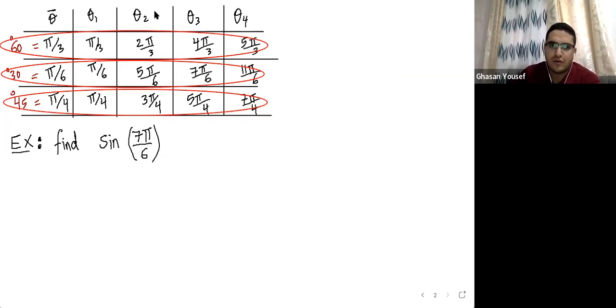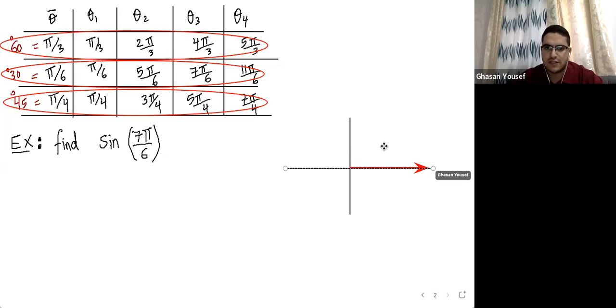So first of all, to solve something like this, you should graph the angle. You have to know the location of this angle. All the time, my initial side is the positive x-axis, like this, and my vertex is the zero point here.